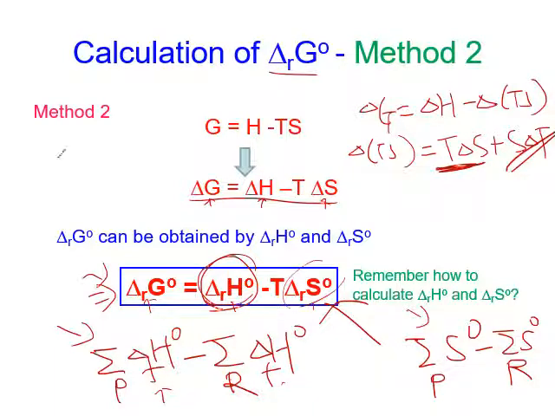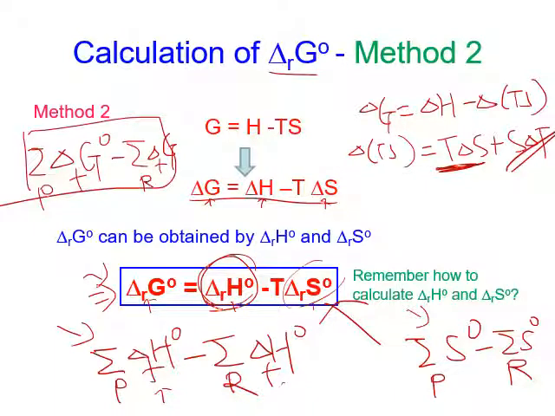But if we have the standard Gibbs energy of formation, then we use the first method, which is the Gibbs energy of formation of products minus the Gibbs energy of formation of the reactants. So that's the first method, and this is the second method.